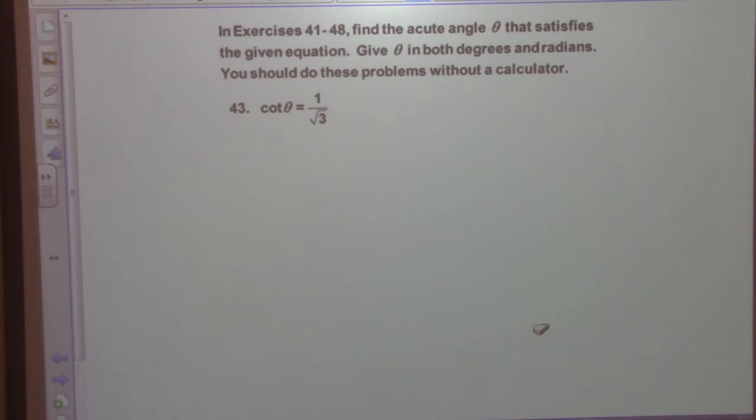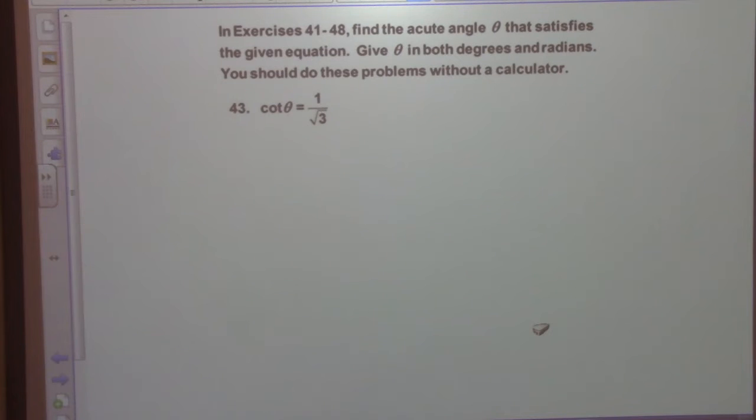So let's talk about what tangent is. Okay, tangent is what over what? Opposite over adjacent. Very good. Or rise over run. Or what over what that's on your unit circle?